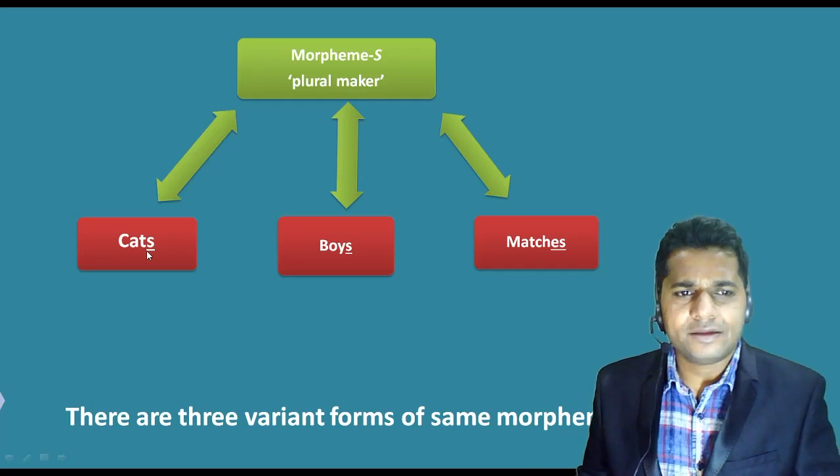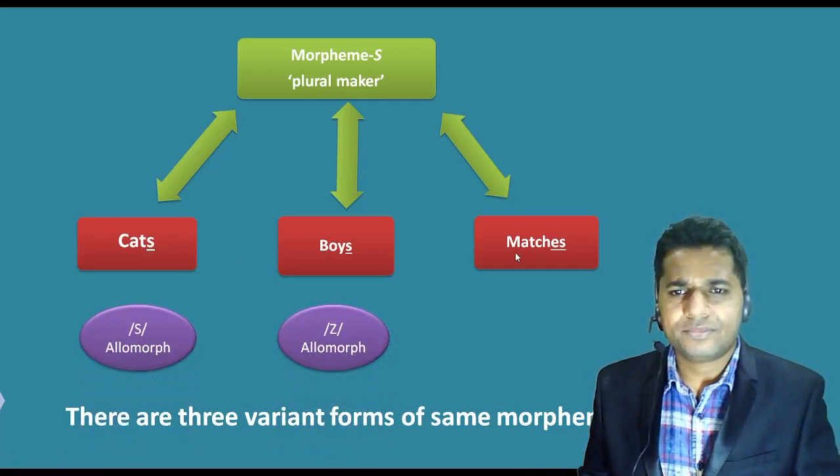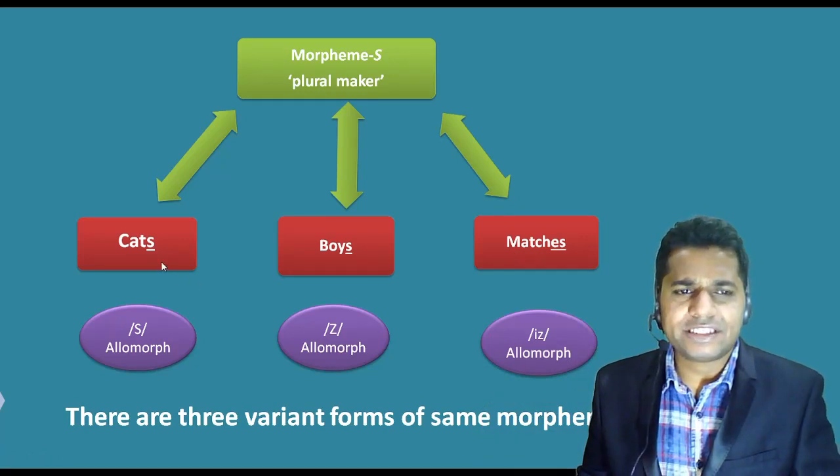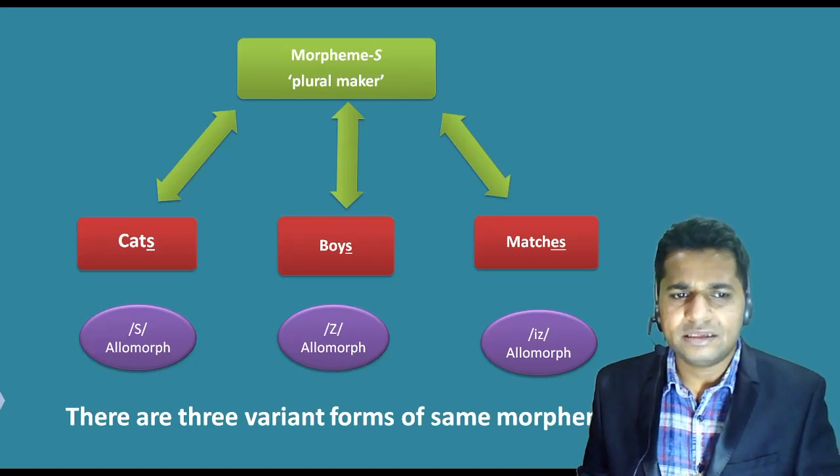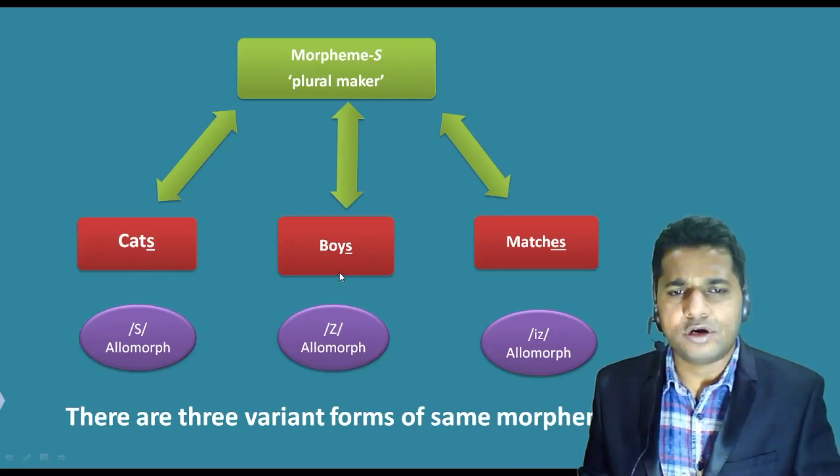in words like cats, boys, matches. So this S is represented differently in every word. Here we read this S sound as S. It's S, an allomorph of S here. So it's cats. If you see the next word, boys, it's not S sound here, it's Z sound.